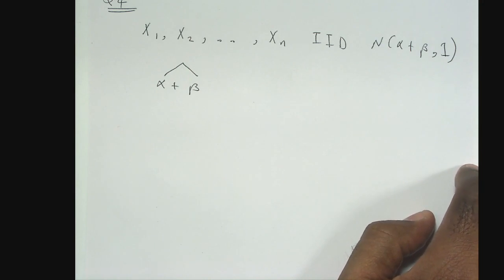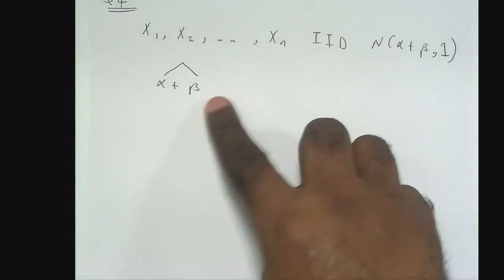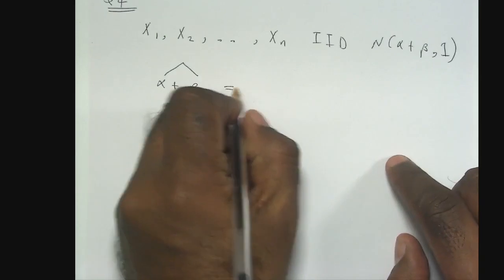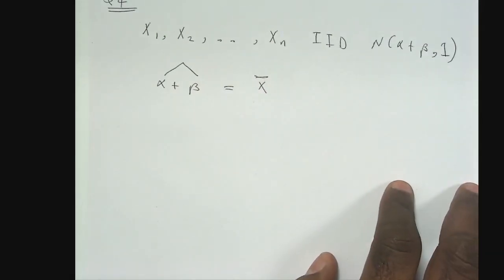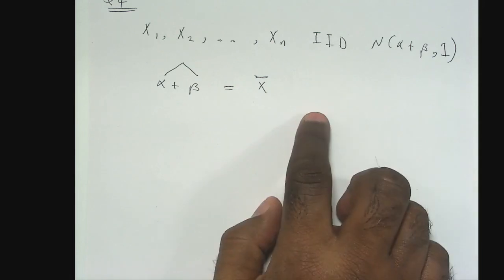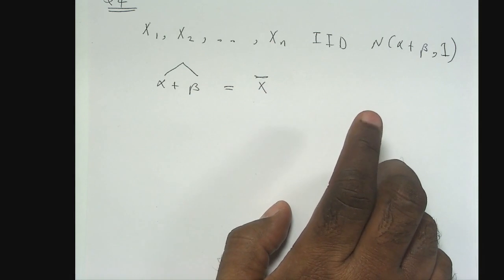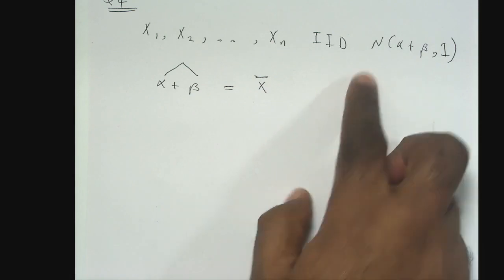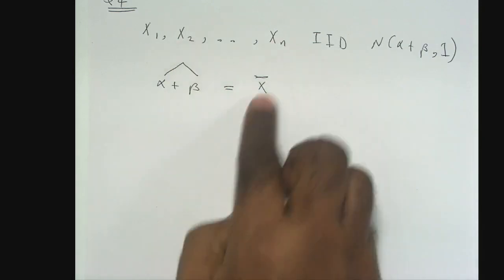I did this example in the lectures some time ago. Whenever you have a random sample from a normal distribution, the MLE for the mean parameter, the mean here is alpha plus beta, is equal to the sample mean, which is x bar.